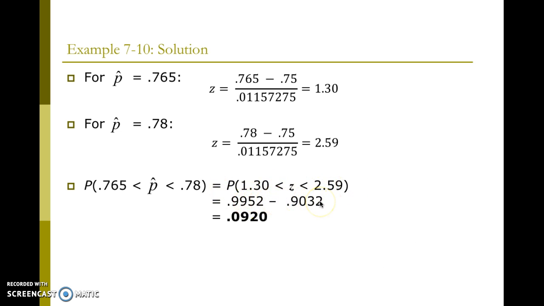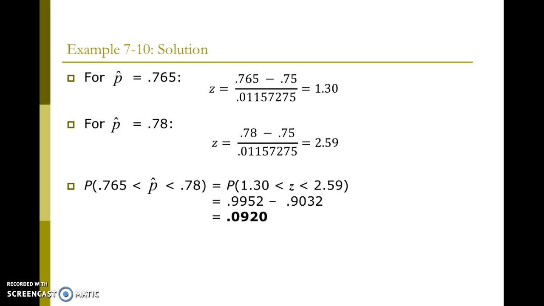We take the probability that z is less than 2.59, which you'll find on the chart is 0.9952, minus the probability that z is less than or equal to 1.30, which on the chart is 0.9032. When we subtract those, we get 0.0920.